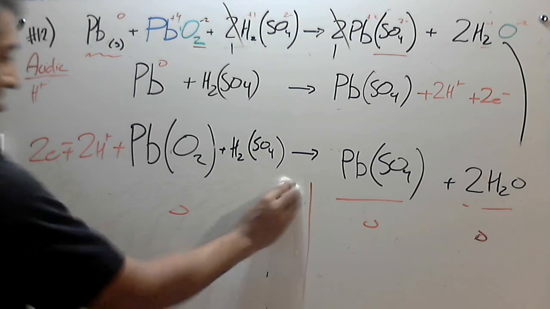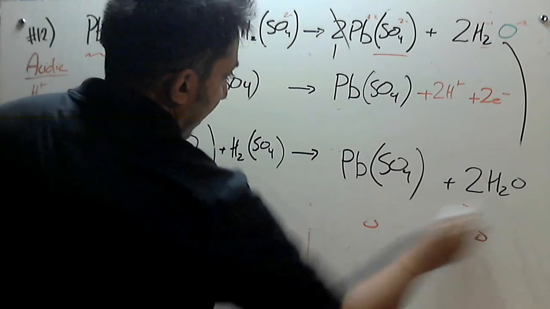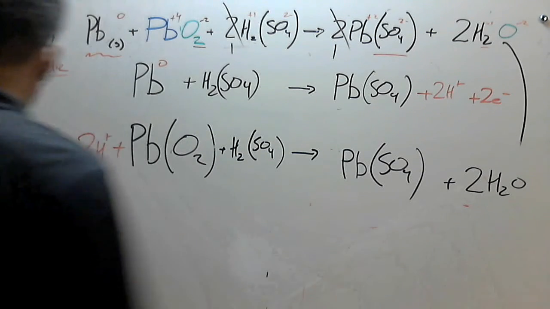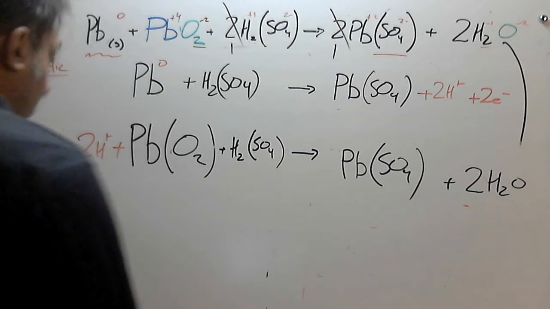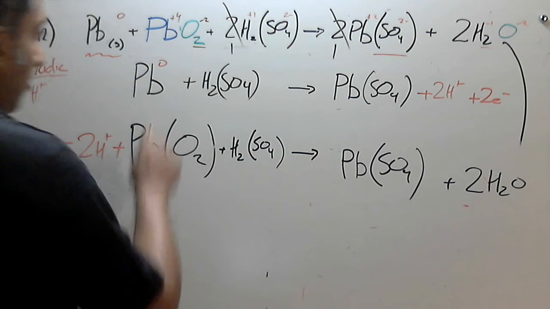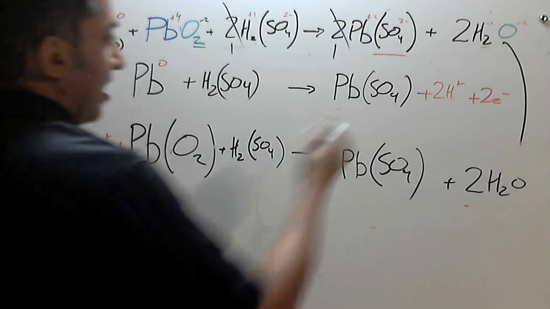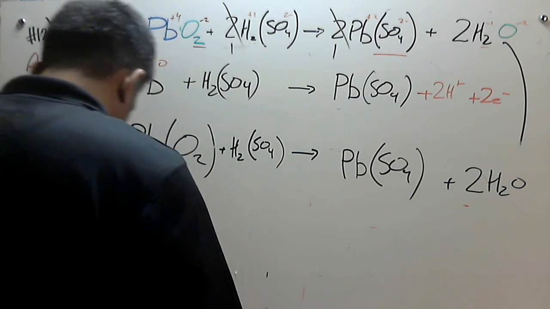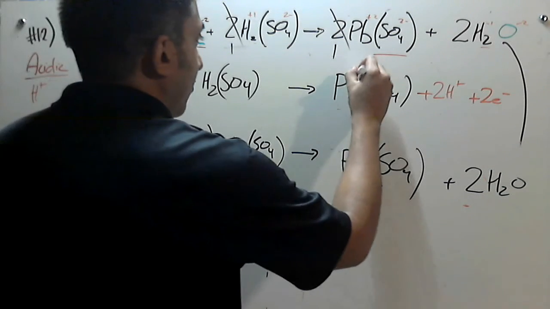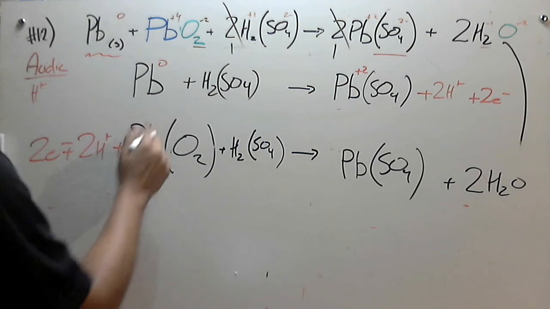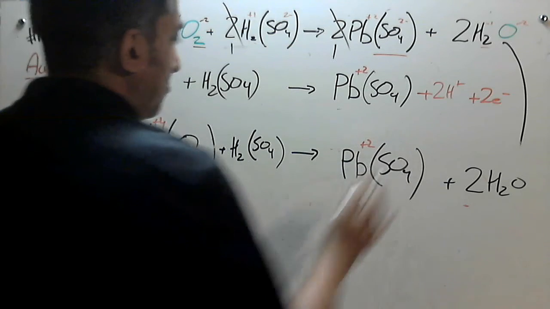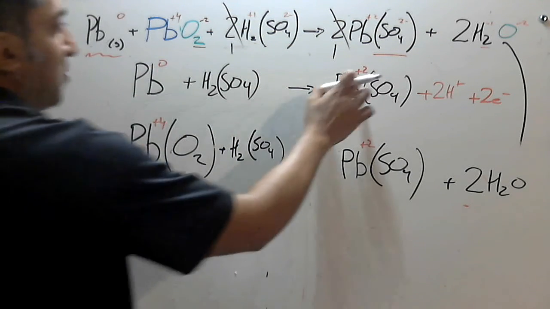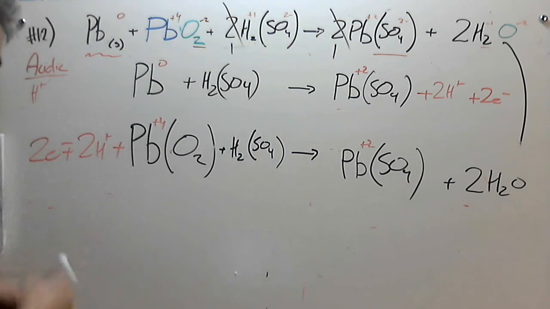So we just finished the balanced half reactions. What do they want from us? Let's read the question again. Write out the balanced oxidation half reaction. Which ones are oxidation half reactions? This went from a 0 to a plus 2. That would be my oxidation reaction.